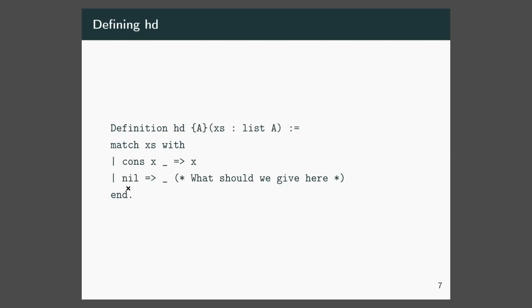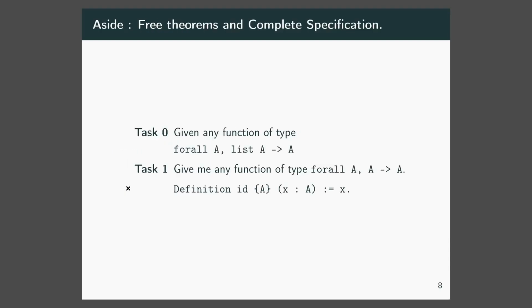In fact, as an aside, if I ask you to give me any function of the type for all a, list a to a, you cannot write such a function. Not just head, any function with this type. This is an idea coming from a theorem called the free theorem.